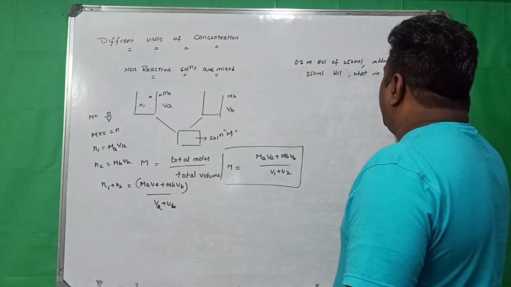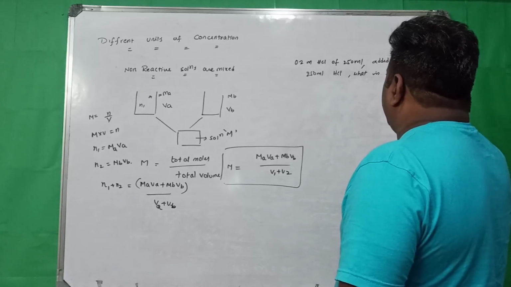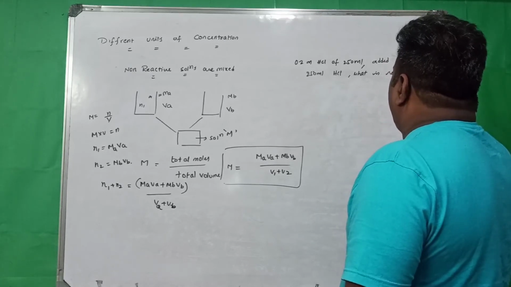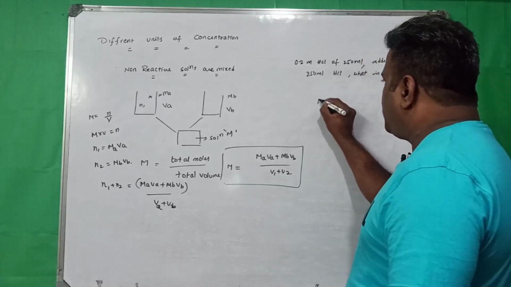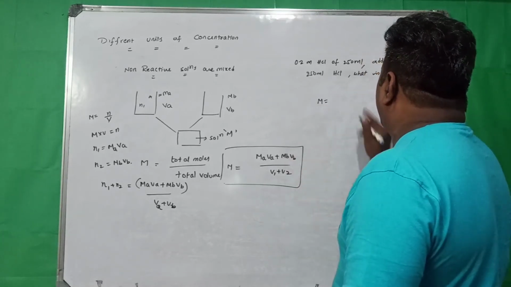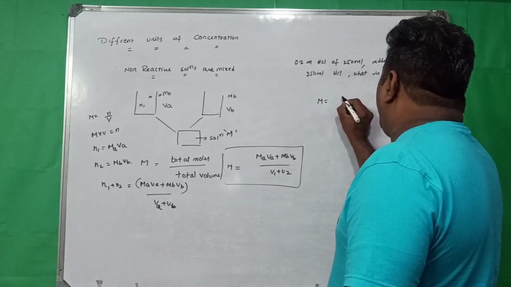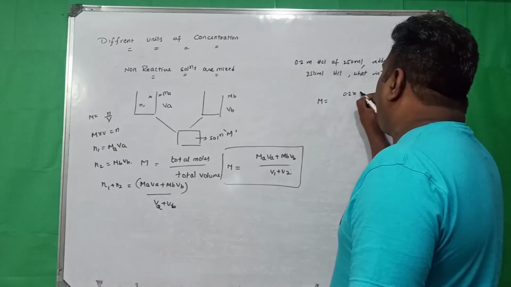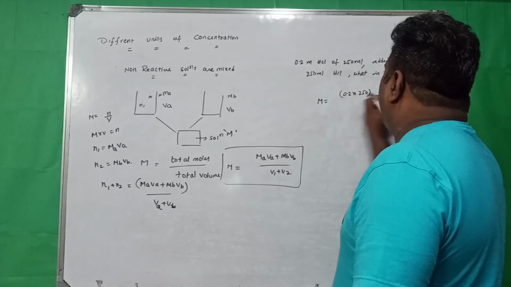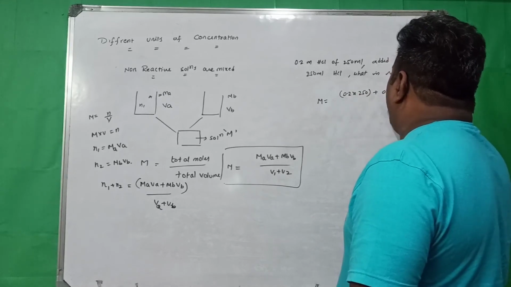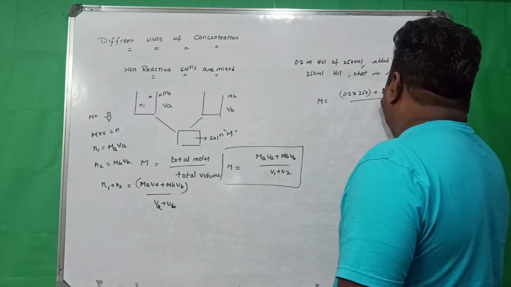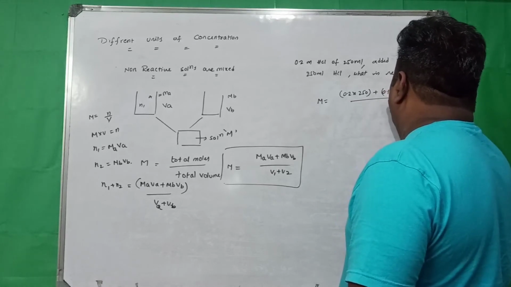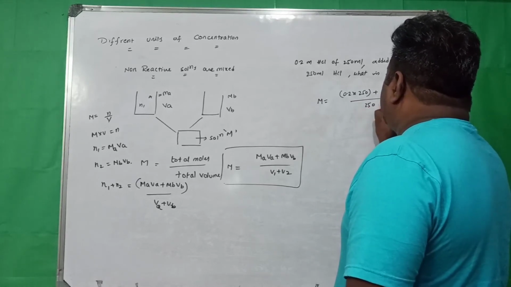What is the resultant concentration or resultant molarity? Then M is equal to MAVA plus MBVB upon total volume. MA is 0.2, VA 250, plus MB 0.1, 250, upon 250 plus 250.